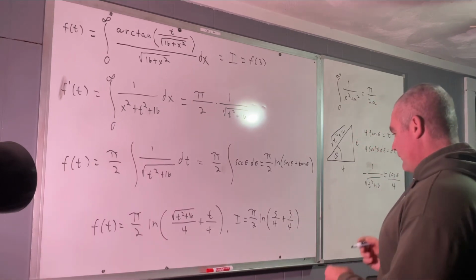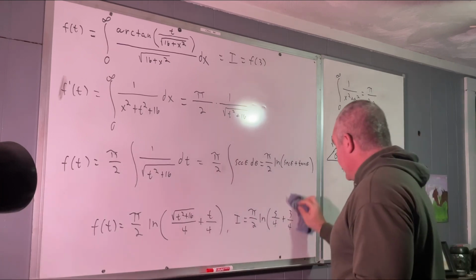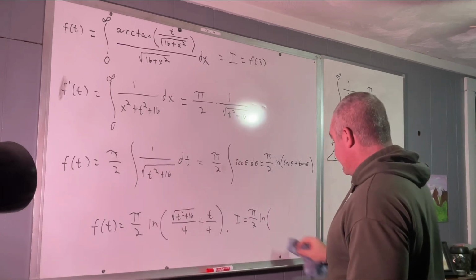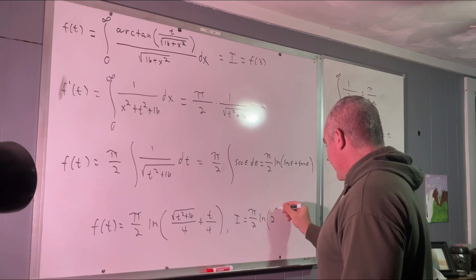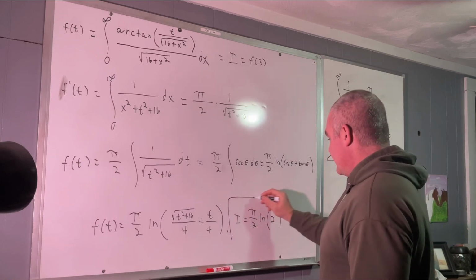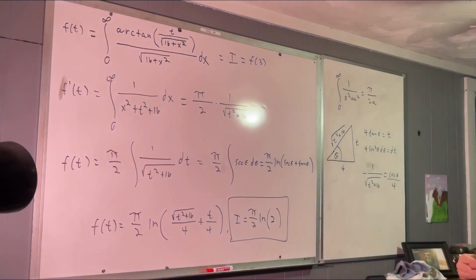So that's 8 over 4. So that's just natural log 2. So that is the answer: pi over 2 times the natural log of 2. And there you go. Very, very classic example of how to use Feynman integration to solve a tricky integral, and I hope you enjoyed that.